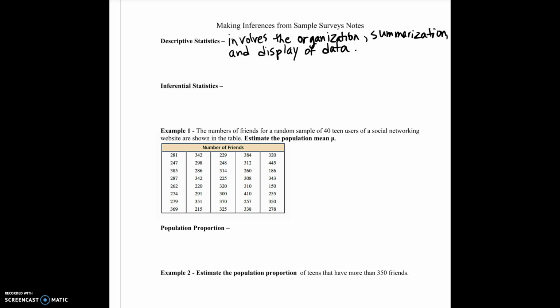Inferential statistics involves using a sample to draw conclusions about a population, and that's what we're going to look at.